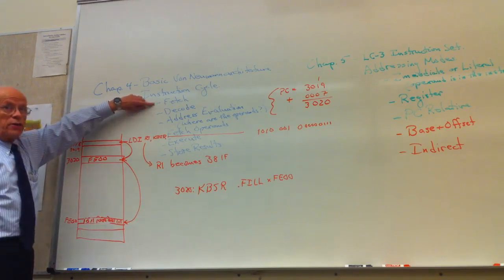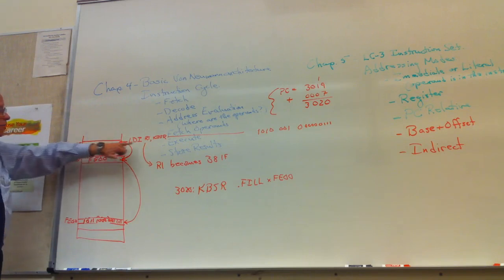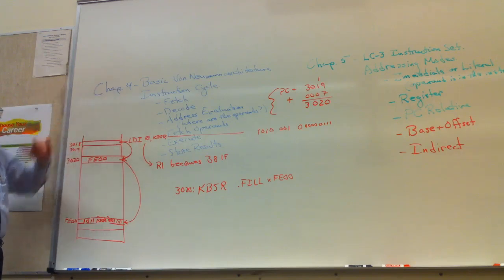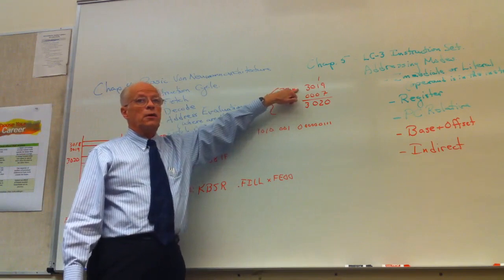As you go through the fetch, it's pulling the thing out of location 3018, which is this instruction. As it does that, it increments the program counter, so the program counter now has 3019 in it.